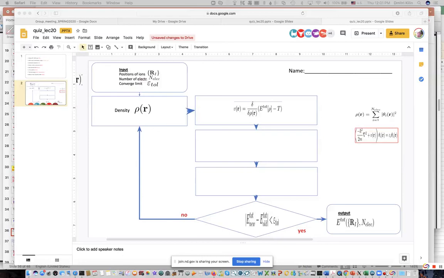The next chance is 50-50. So who was doing this operation? I was. Oh, thank you, Rebecca. Yes, correct. As soon as we have lowercase v, the external potential, we can plug it into the Kohn-Sham equation and find orbitals.